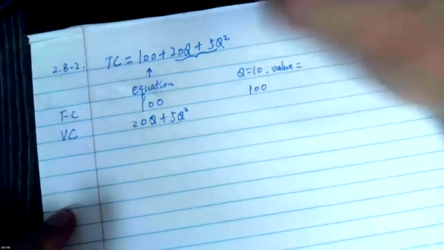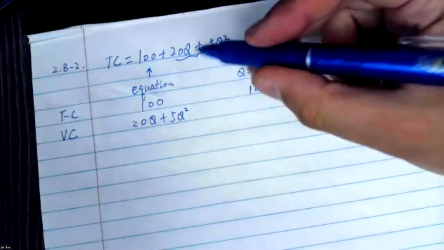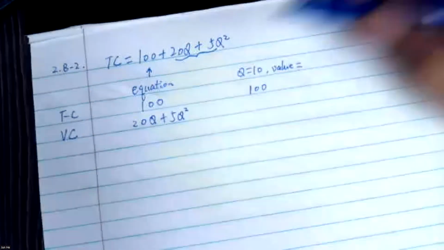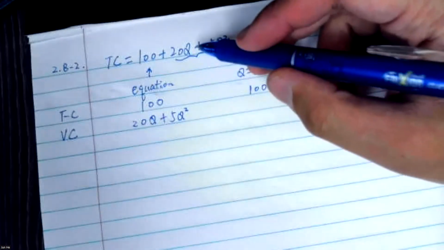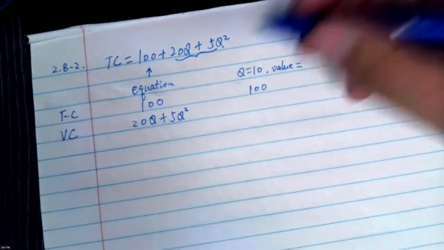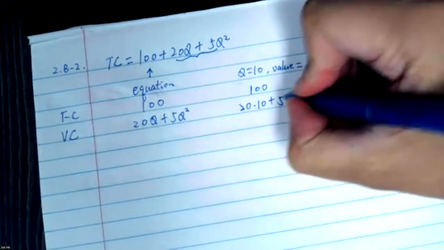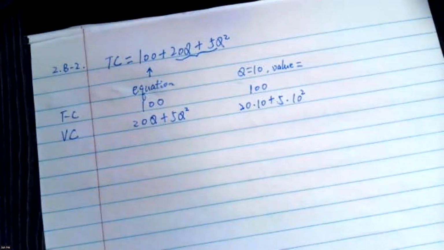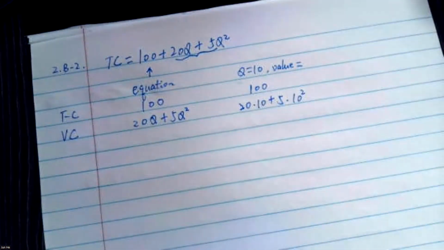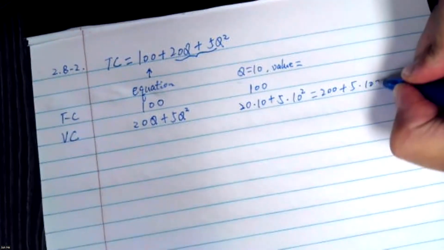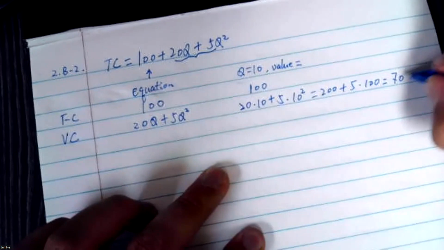That's the entire terms, two terms, including Q. Those are both costs changing with Q, so those are both variable cost. And when Q equals 10, that's 20 times 10 plus 5 times 10 squared, right? So it's 200 plus 5 times 100, so that's 700.